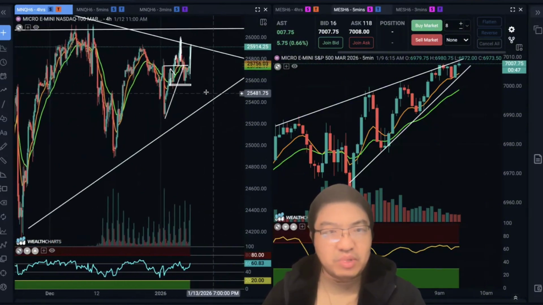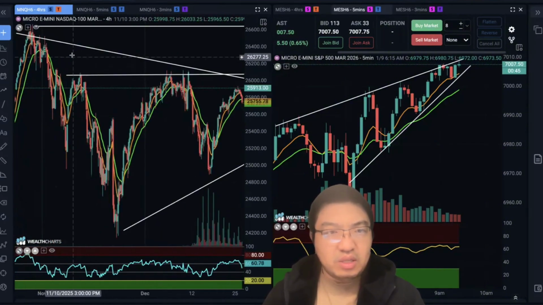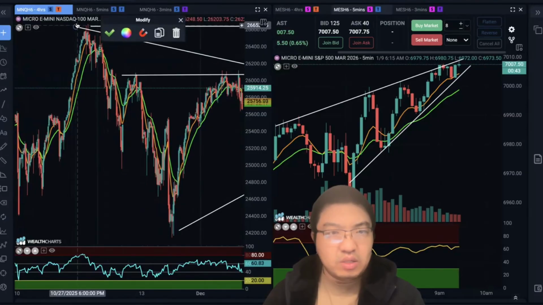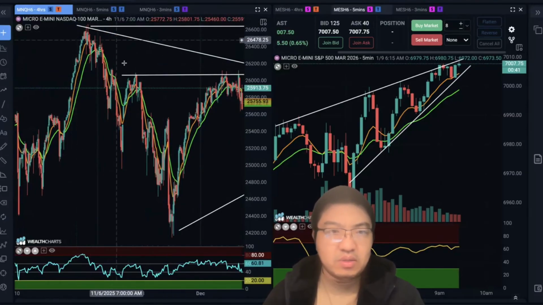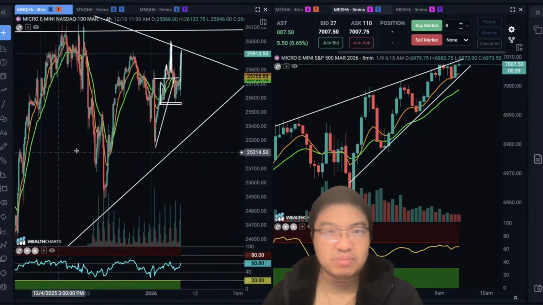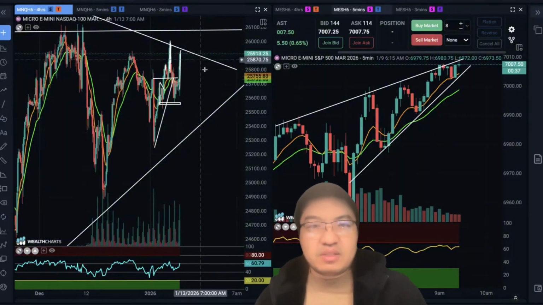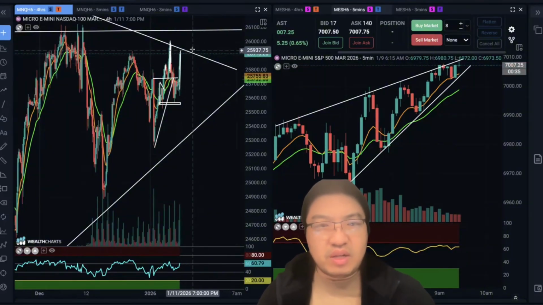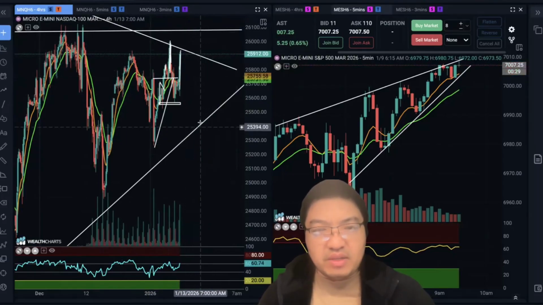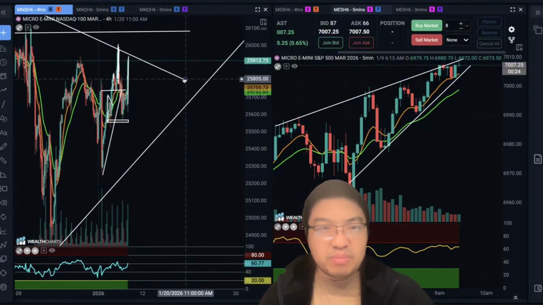I'm not sure how to make it across, but think of this as an area. So now it goes very close to the area. Let's see if we get a bounce back and keep sideways in this triangle. But this triangle is big enough.